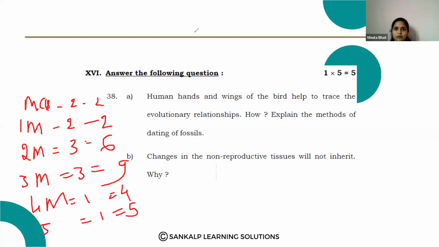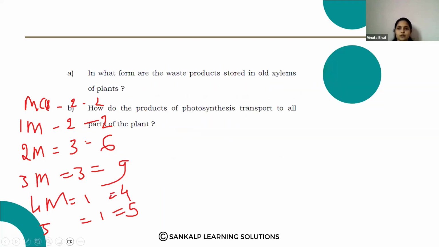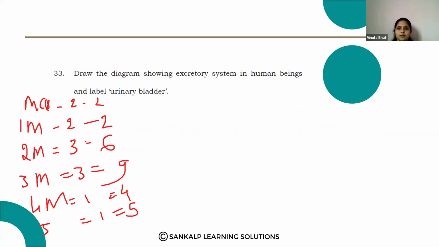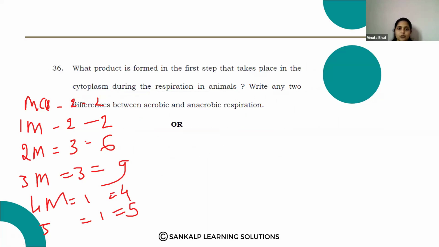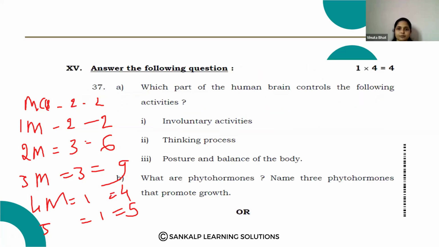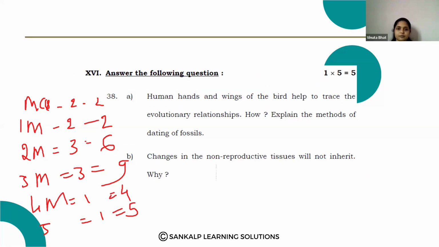Okay, so let us check the 2-mark questions once. How many 2-mark questions were asked in this question paper? That is 2. Okay, only 2 questions. Two questions, that is 4.